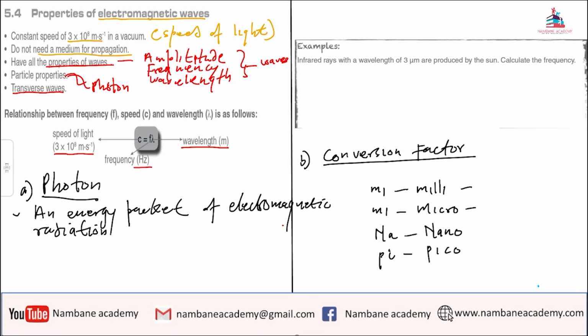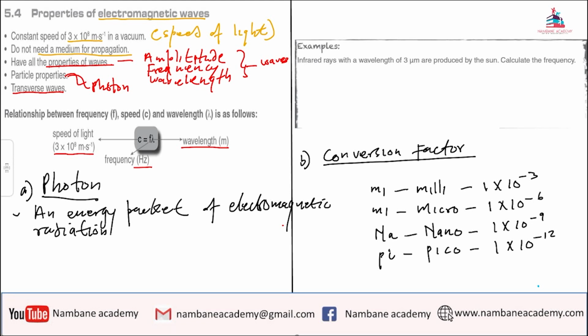And this here, ladies and gentlemen, it is just 1 multiplied by 10 to the minus 3, 1 multiplied by 10 to the minus 6, 1 multiplied by 10 to the minus 9, 1 multiplied by 10 to the minus 12.